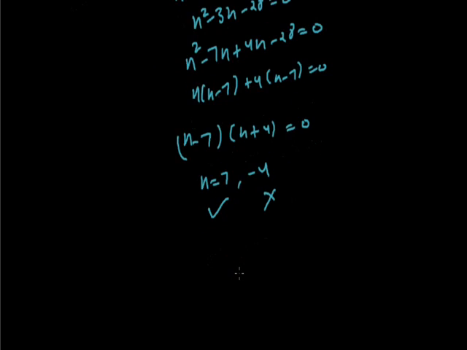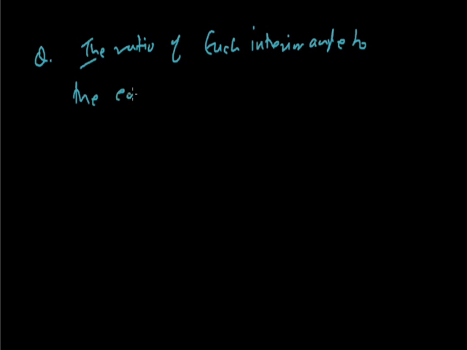Now we move to the next question. Let's say in a regular polygon the ratio of each interior angle to each exterior angle is 2:1.